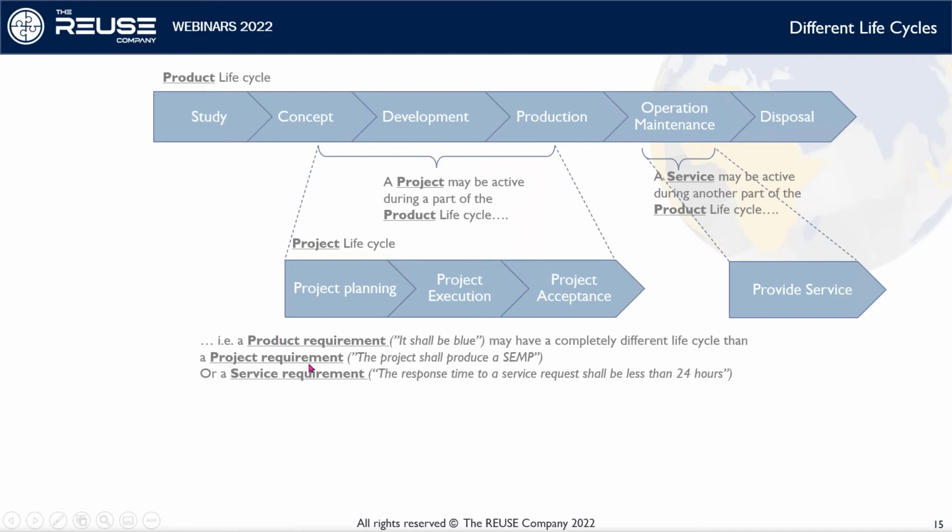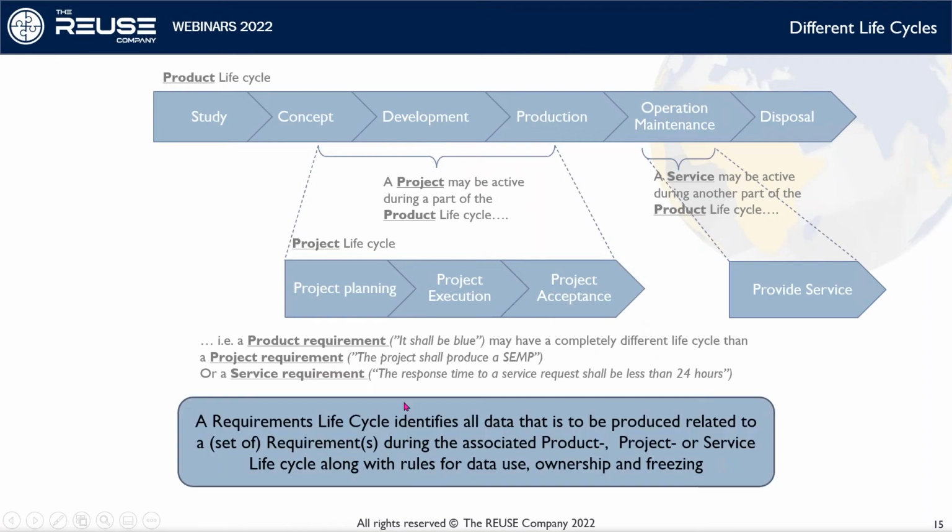So we have different sorts of requirements with different life cycles targeting different parts of the organization and so on. Requirement life cycle identifies all data that is to be produced related to a set of requirements during the associated product, project, or service life cycle. And there must be, of course, rules for how to use the data, how to own it, and how to freeze it, and so on.